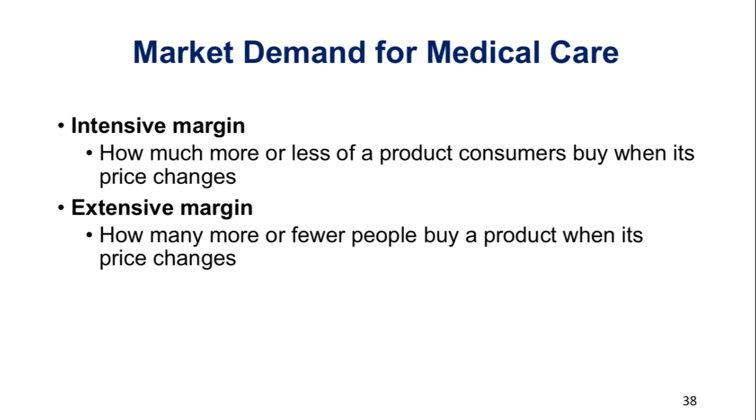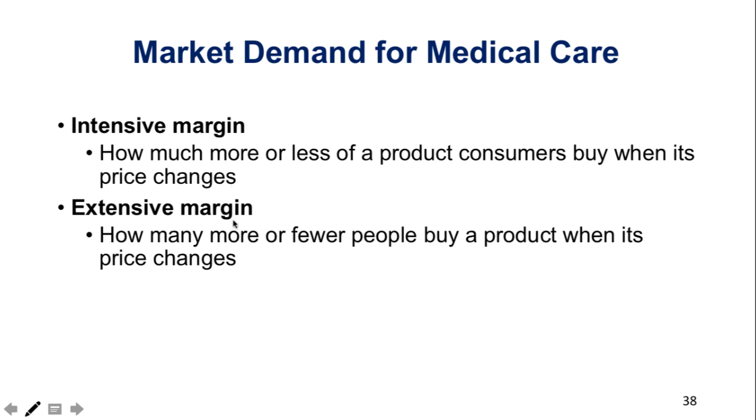Now, when we are talking about the market demand for medical care, we have to pay attention to two variables. One is the intensive margin, which means how much more or less of a product consumers buy when its price changes. We are talking about the change in the demand for each consumer. So we want to see, if the price decreases, how much the consumers in the market are going to increase their demand, or vice versa.